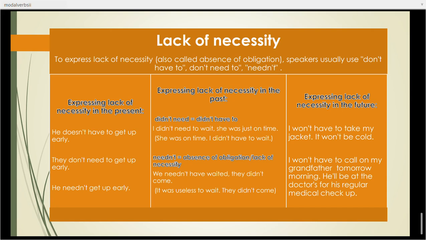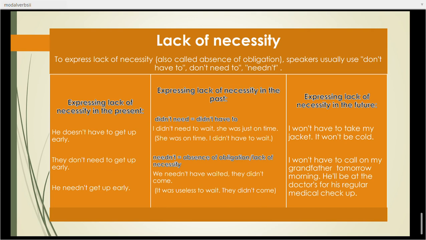Some examples for the first time form, the present: He doesn't have to get up early. They don't need to get up early. And he needn't get up early. For the past, we have the following sentences.